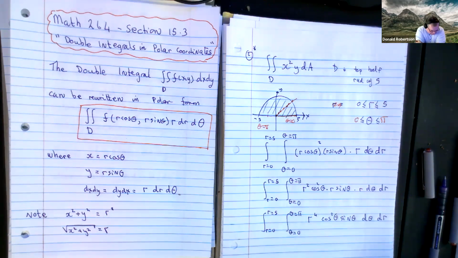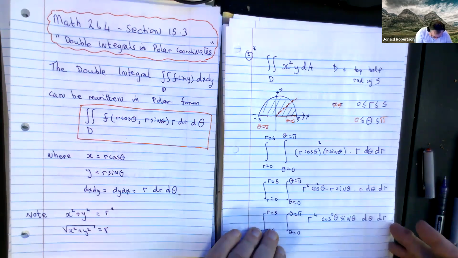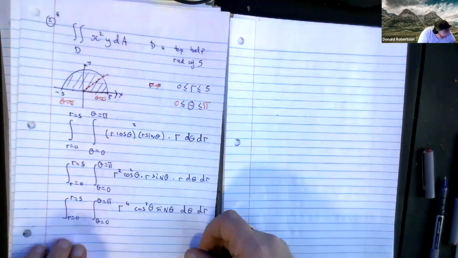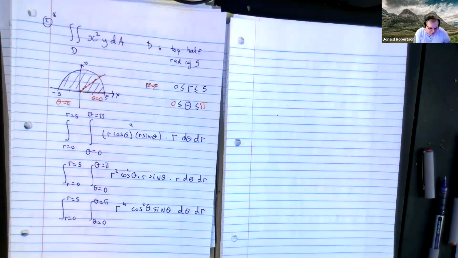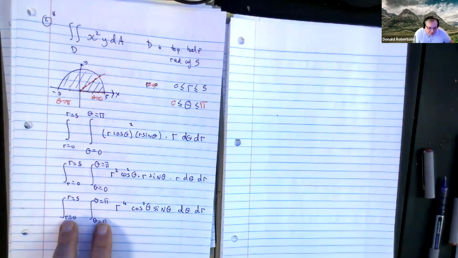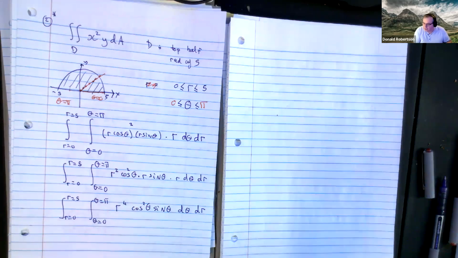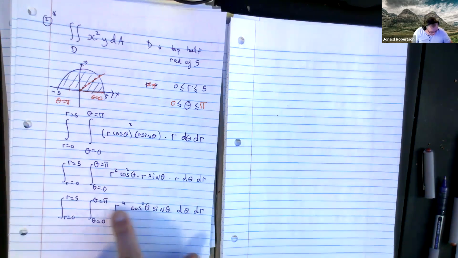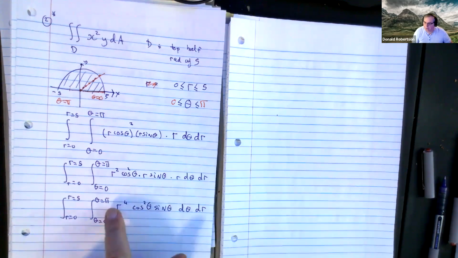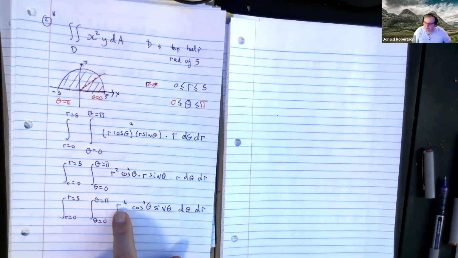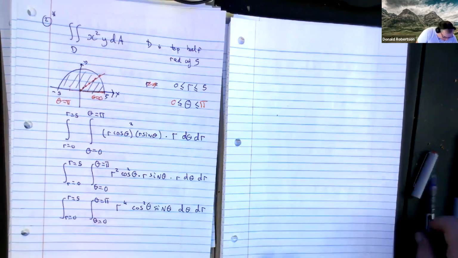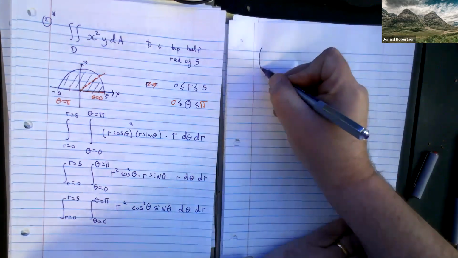Now, what we need to do is look at the easiest way to evaluate that integral. Well, there are a couple of really good things that are going on here. The fact that these two limits of integration are numbers, doesn't that mean that we could switch them around if we wanted to? But more important than that, isn't this separable? You see it? R to the 4 times some stuff. And separable is good.